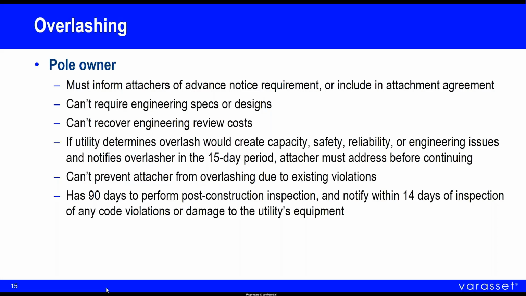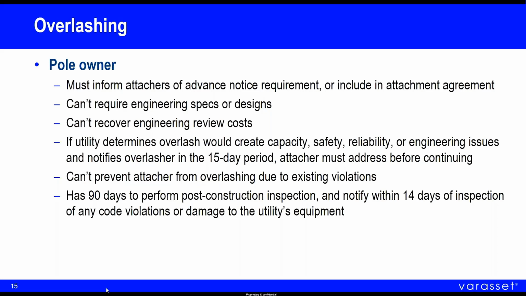In the overlashing notification coming from the third-party attacher, the pole owner is not allowed to require engineering specifications or designs, and that's kind of interesting. They also can't recover the engineering review costs, even though there is a pretty good safety reason to do a fair amount of that. The utility or the pole owner does have the ability to determine whether the overlash is acceptable, and within a 15-day period they have to figure this out.